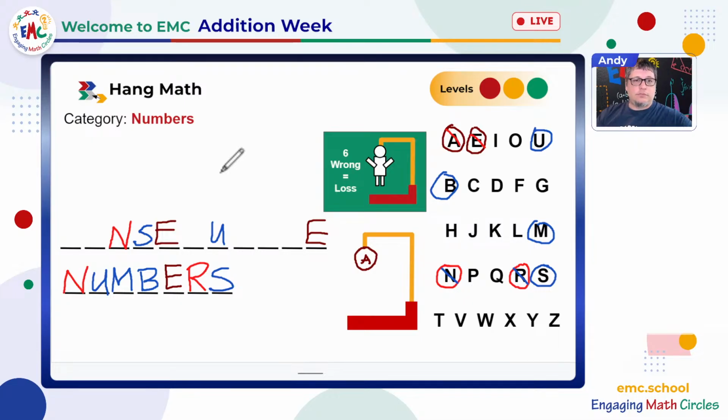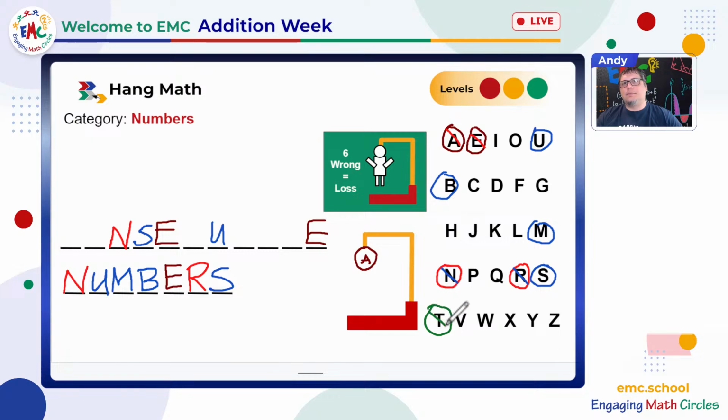That's it. Just a U. Some type of numbers. A T for round 3.